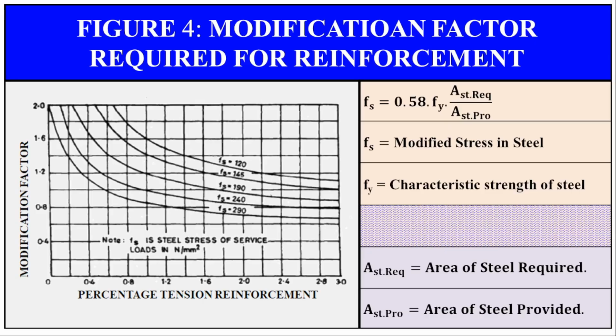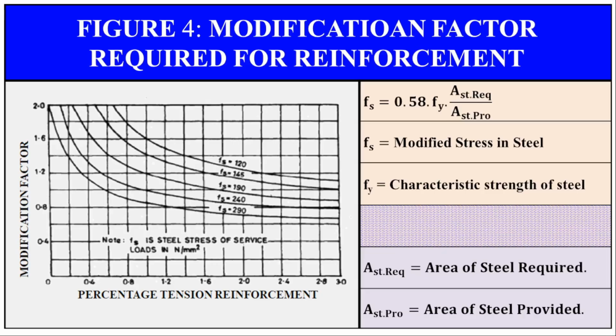You'll see how this interpolation process works in the next part of the video. In conclusion, this figure provides a vital tool for adjusting the allowable stress in steel reinforcement based on the provided tension reinforcement and the anticipated service stresses, contributing to the safe and effective design of reinforced concrete structures.